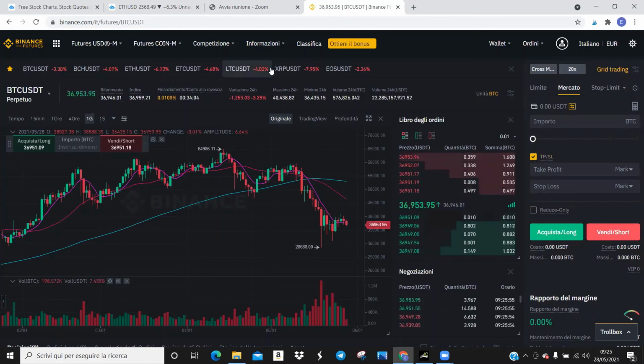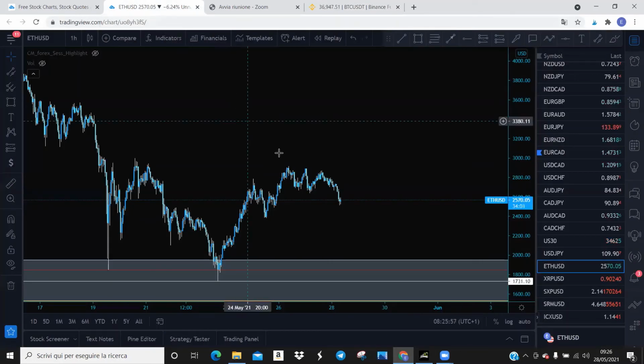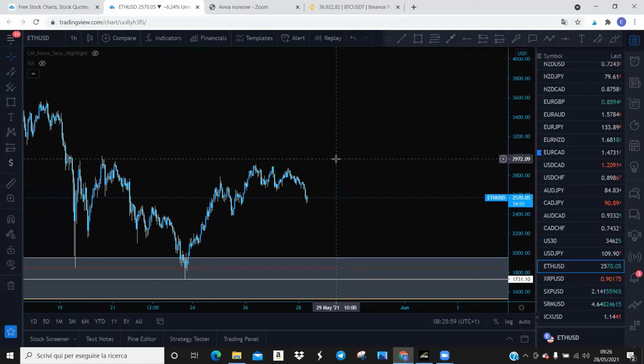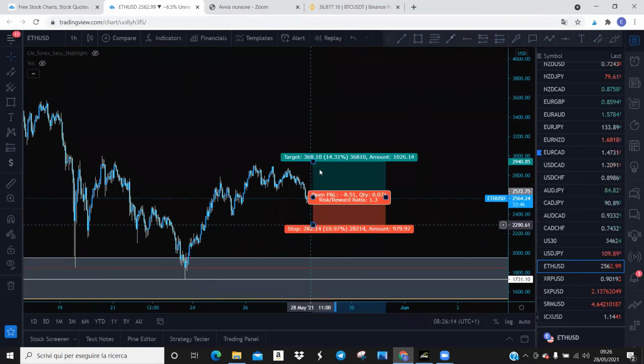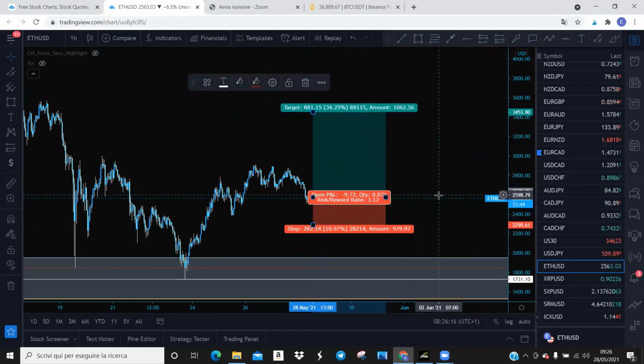Now, to actually determine that number, when we send the trade in the group, if you want to find out the lot size that you should use for your account, you go to TradingView. For example, we send a buy signal and we put the stop loss below here, take profit here.